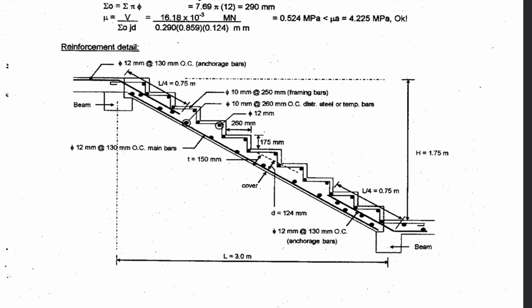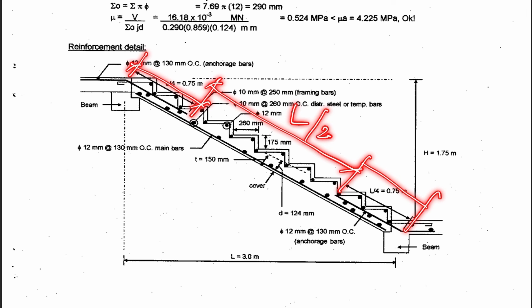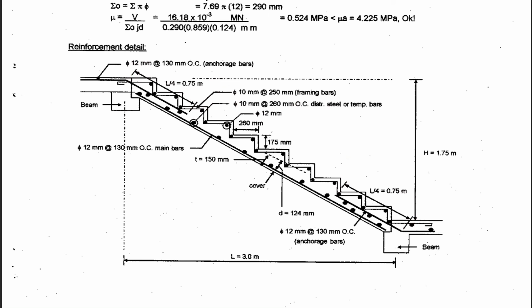Normally for shear and bend stress, it's safe. Okay, then draw the reinforcing bars or detail. So the same as the slab, you have this distance L over 4, this one, and then this distance is L over 2. Then your main bar is spaced at 130.